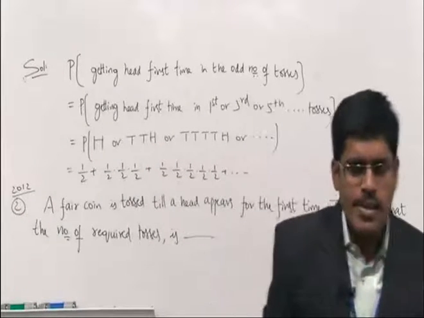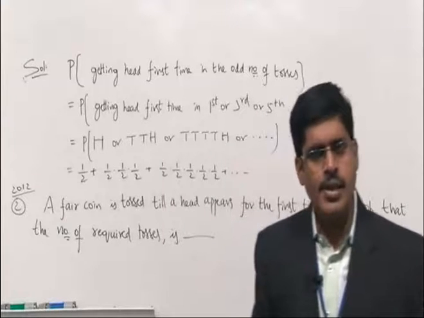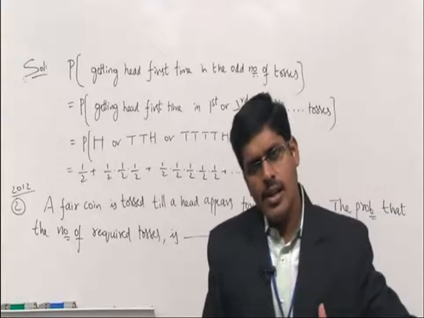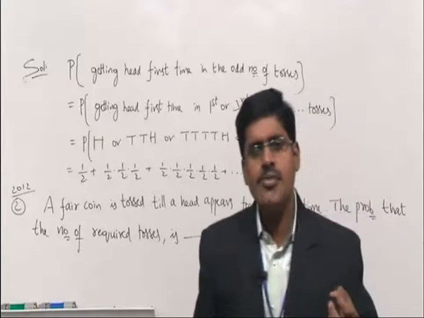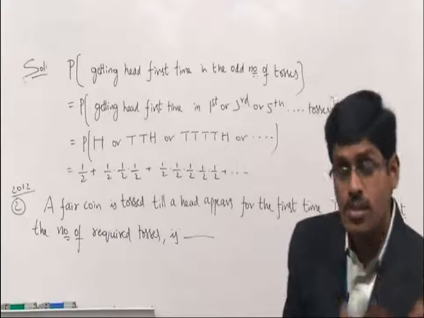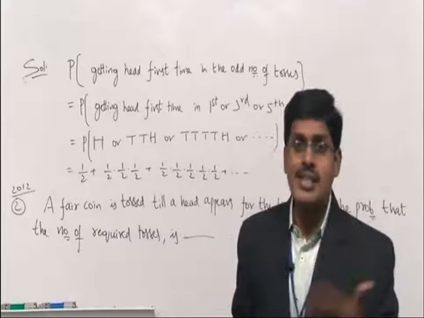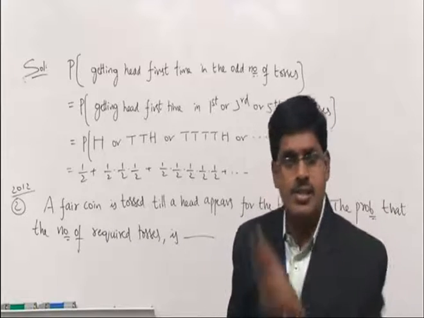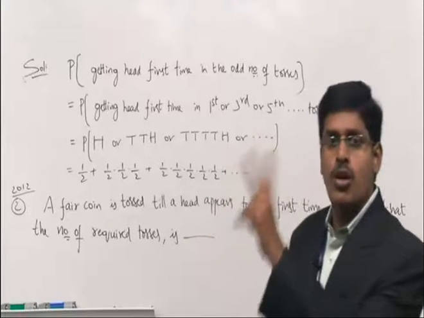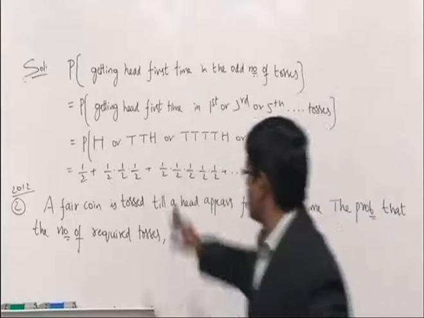If head does not appear, then tail falls. Then again we look for the first head in the third toss. That means the first two tosses show tails only. That is TTH.